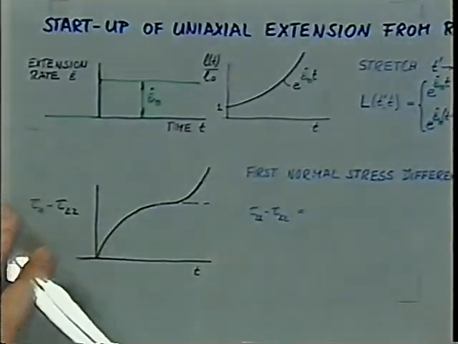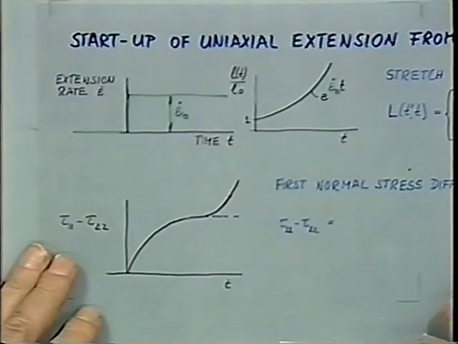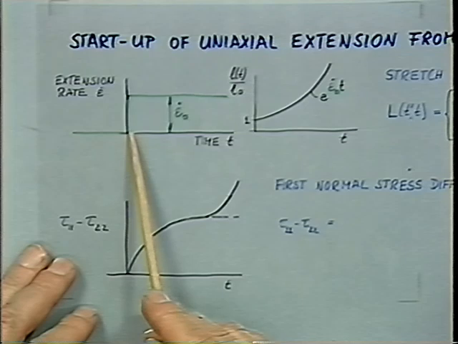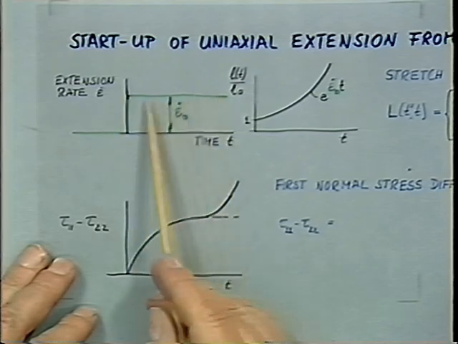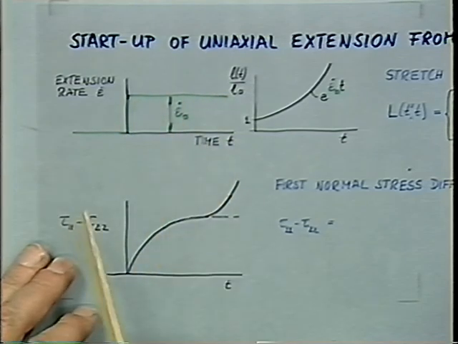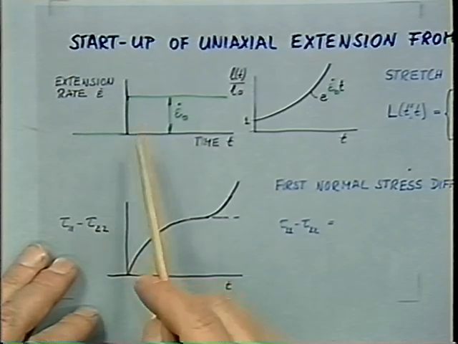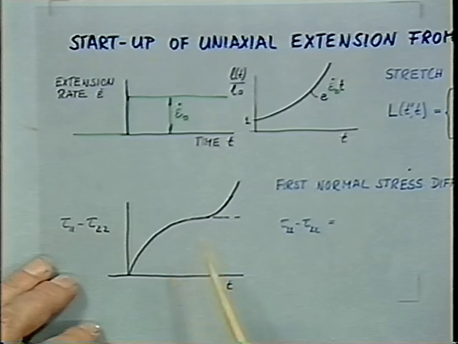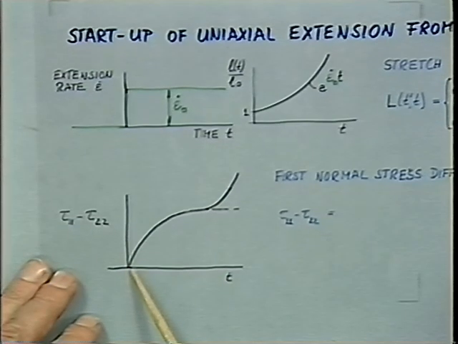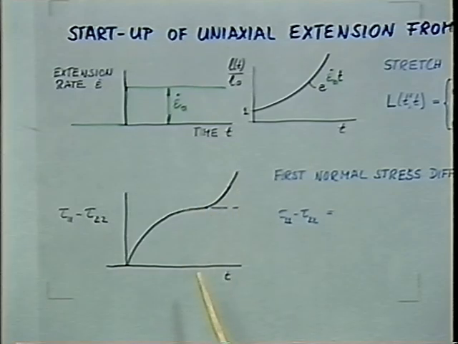The specific kinematics we are going to look at is the following. The system is at rest, and then an extension rate at constant value is put onto our sample. We are interested in the stress response. The stress grows, and then somehow it increases if you remember the experimental data.